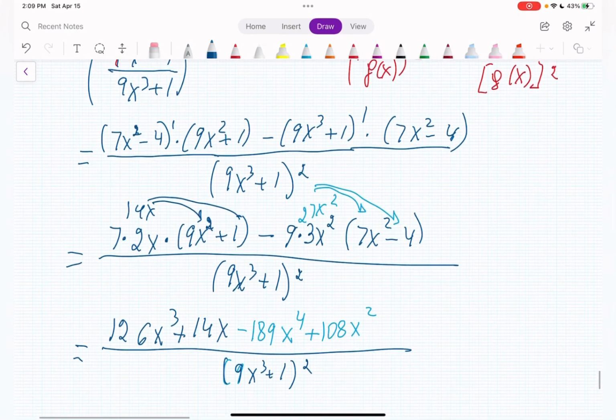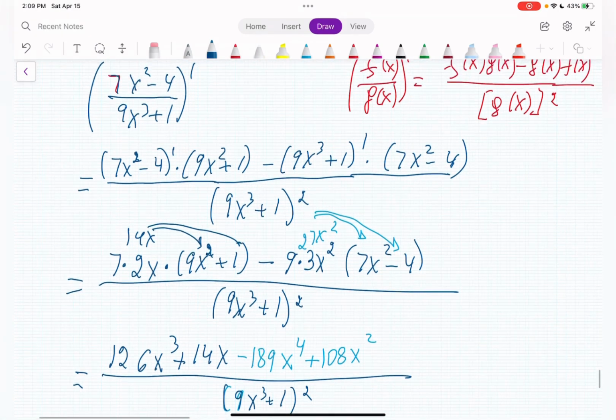All right, now I'm checking this one. 14x times 9x squared.